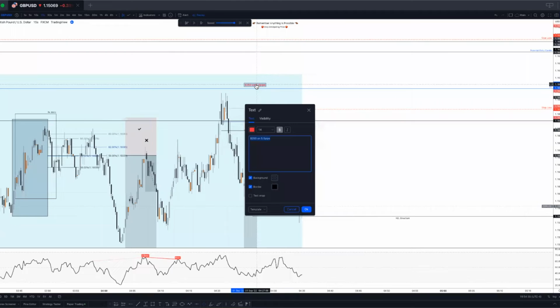$45 per pip, so 45 times 2.9. So if we lose now, it'd be $130, $130.50 to be exact, or at least round up, right? On 2.9 pips if we get stopped. Okay.